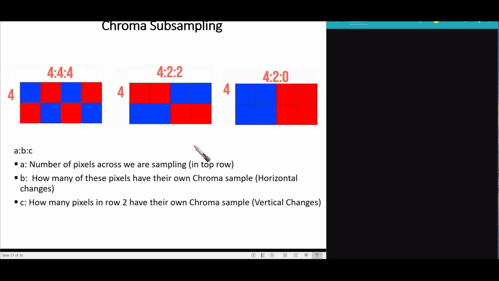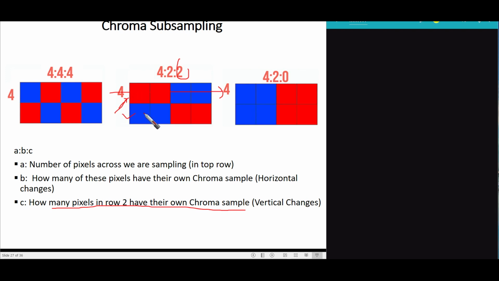Now the third number. We understand this is the first row. In reference to this first row, we will see how many pixels in the second row have their own chroma sample. So if you compare these pixels with reference to this pixel, this one was red, but this one is blue.